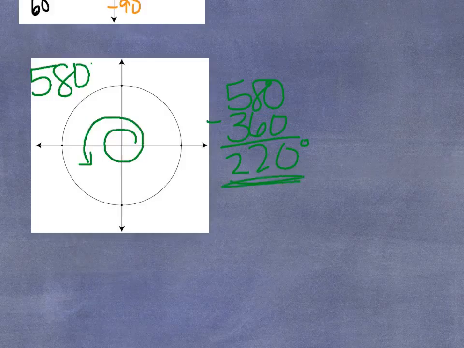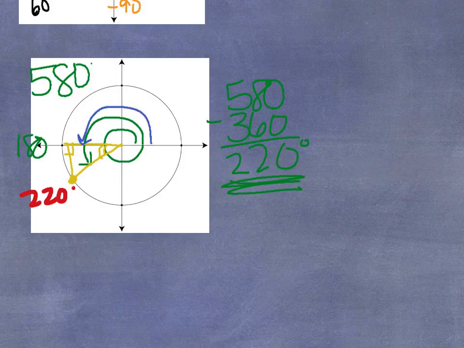To think about where that's going to be, this is 180, so I know I'm going to go just past that. So 220 will be somewhere in here. And the question is, what is that in relation to the x-axis? Again, we can make that little right triangle. Now I have 220 degrees, but we don't really care about the 180 to get there, so let's get rid of that 180, and that leaves us with a 40-degree reference angle.